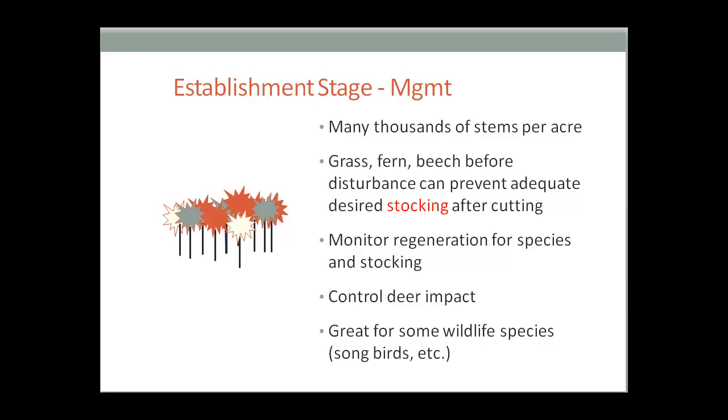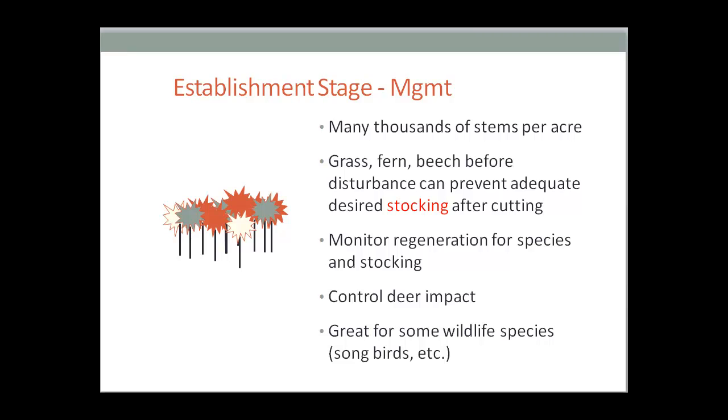If there are grasses and ferns and beech that are dominant before the disturbance, if you remember that picture we showed just a few minutes ago, the interrupted succession, those species can dominate, and they can essentially redirect succession such that these grasses, ferns, and beech are now the dominant forest community.